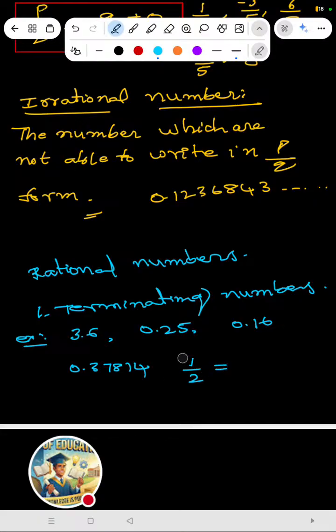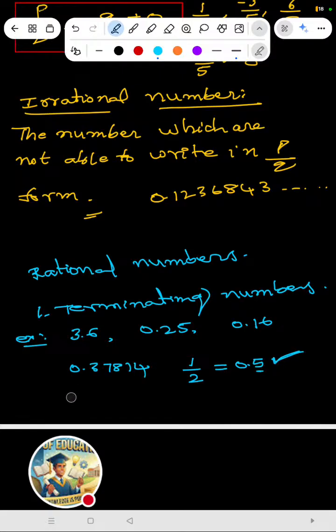What is the value of 1/2? It is 0.5. 1/2 is a rational number and we can write it as 0.5, so it is a terminating number, meaning after 5 there are no more digits.